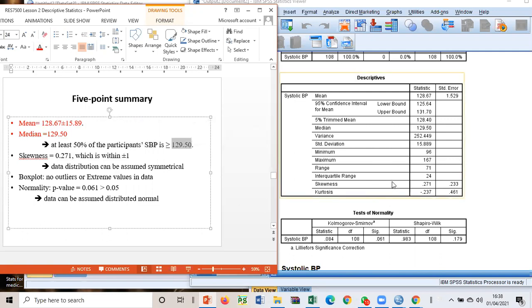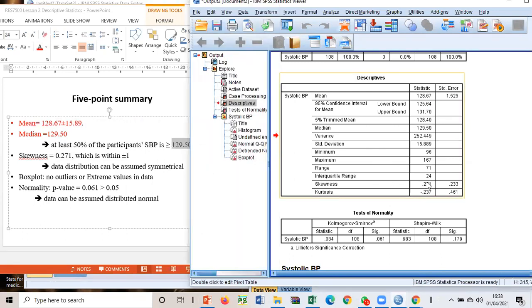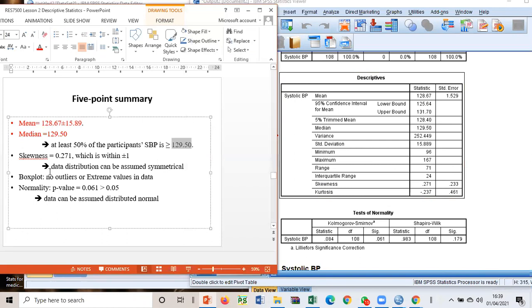Next, skewness. What is the skewness value? 0.271. Is it within plus or minus 1? Yes. What does it mean? I can put there less than 1, that means close to 0.